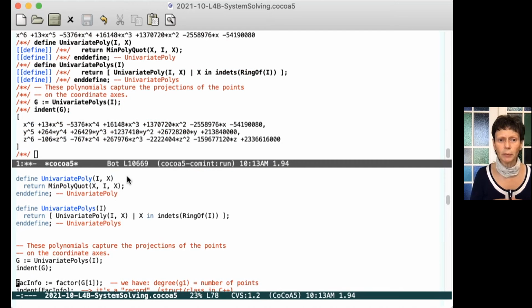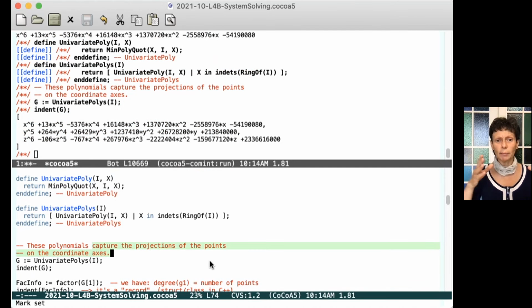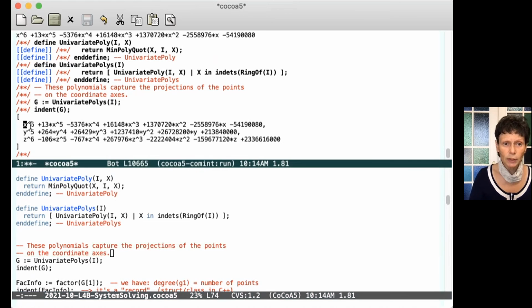Here we have 3 polynomials which capture the projection of the 6 points over the axes. We notice that we have this polynomial which is of degree 6, so the roots of this polynomial are the 6 values for the 6 points.